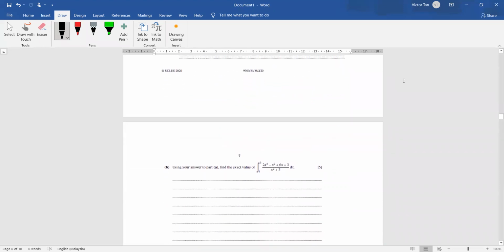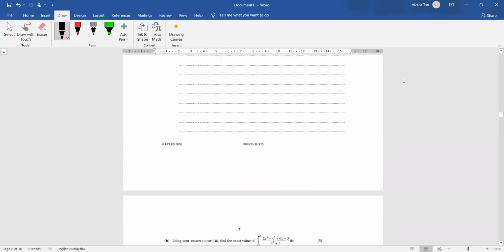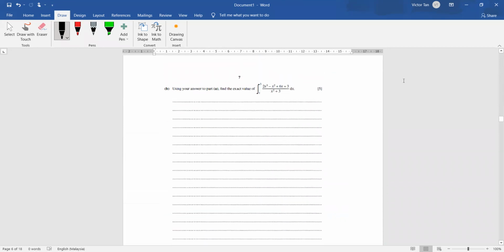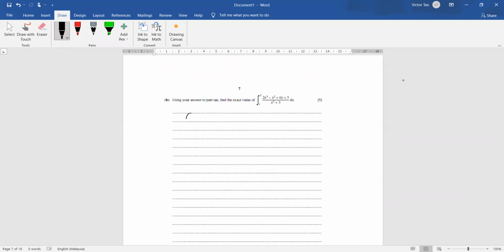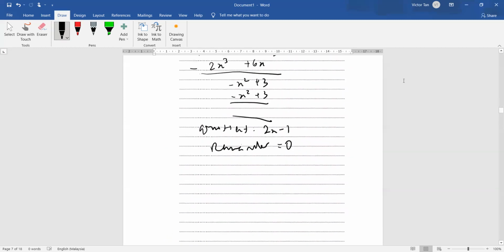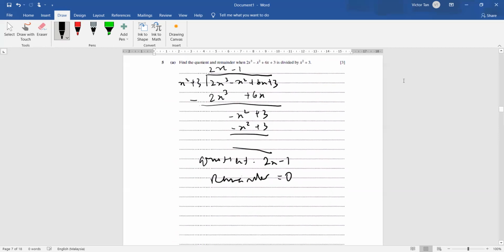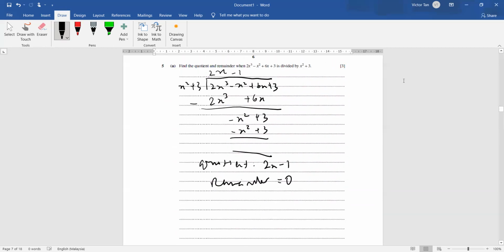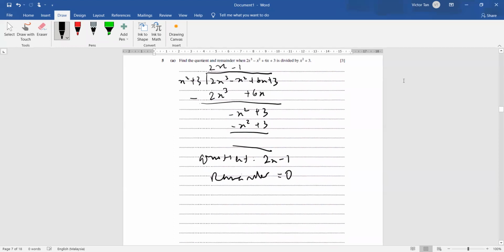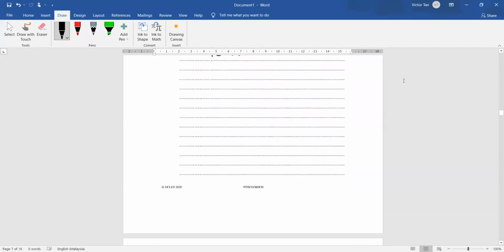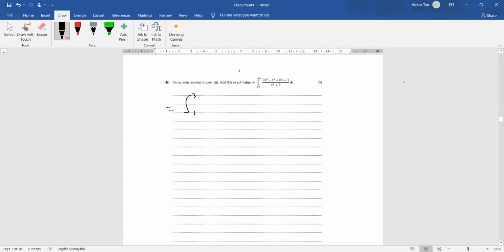Using your answer to part A, find the exact value. So you have this equal to the quotient plus, so x squared plus 3 times 2x minus 1.